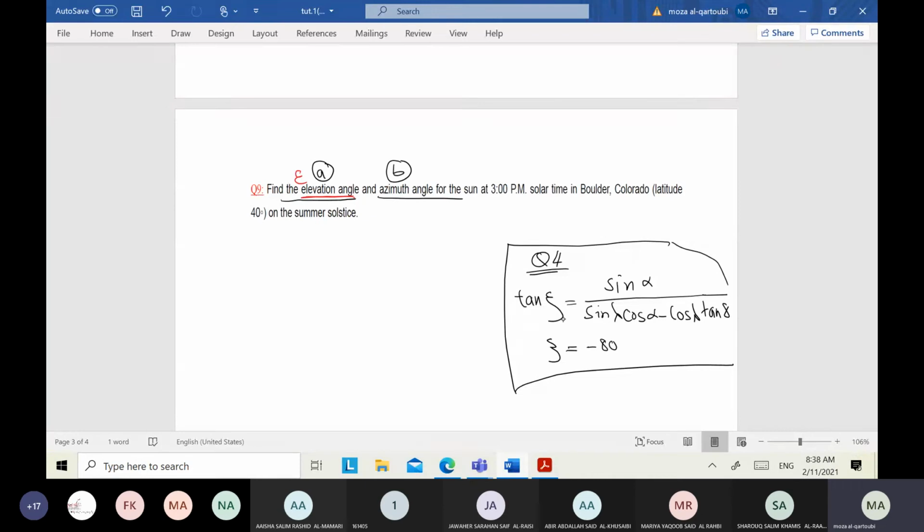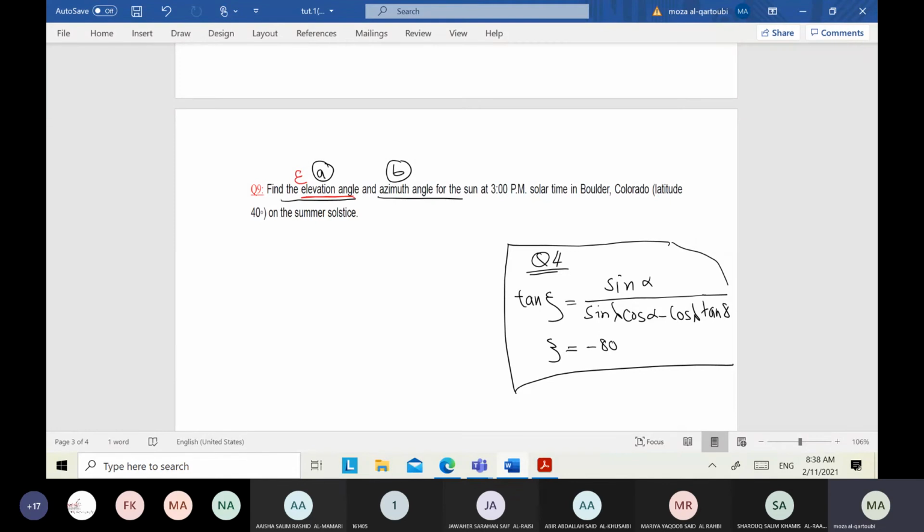When we use this rule, it depends on our latitude angle and declination angle, without the elevation angle. Now in this question, we need to find it again using another rule that depends on epsilon. We should find the same angle, minus 80, okay?